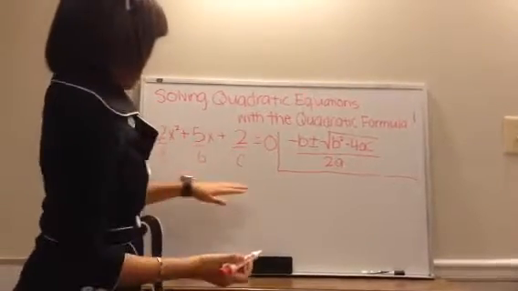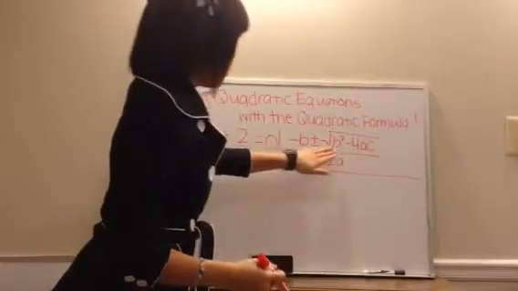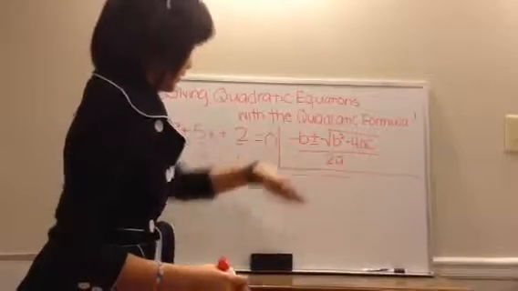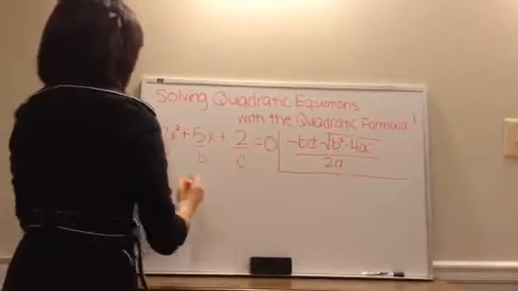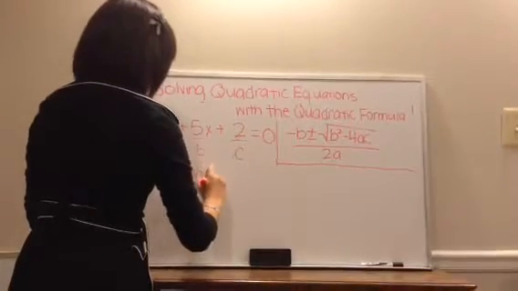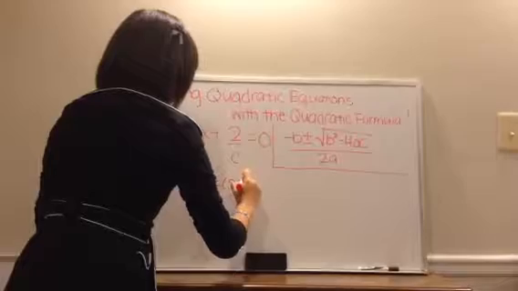Once you're solving with the quadratic formula, the easiest way to go is to solve the b squared minus 4ac first, before you solve the rest of that. So you just plug it in. Your b squared minus 4ac would equal, because 5 is your b, 5 squared.